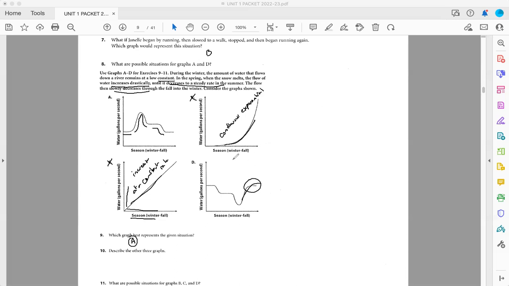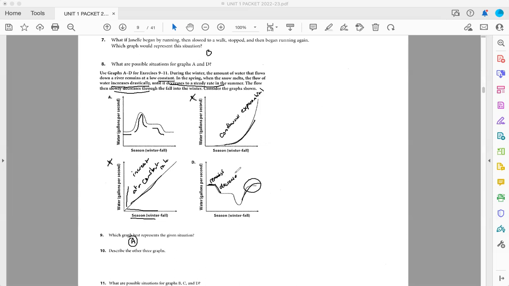And then lastly, part D, it's basically flat, which means there's no increase or decrease, right? So this remains at a certain level, and then it decreases at a constant rate.